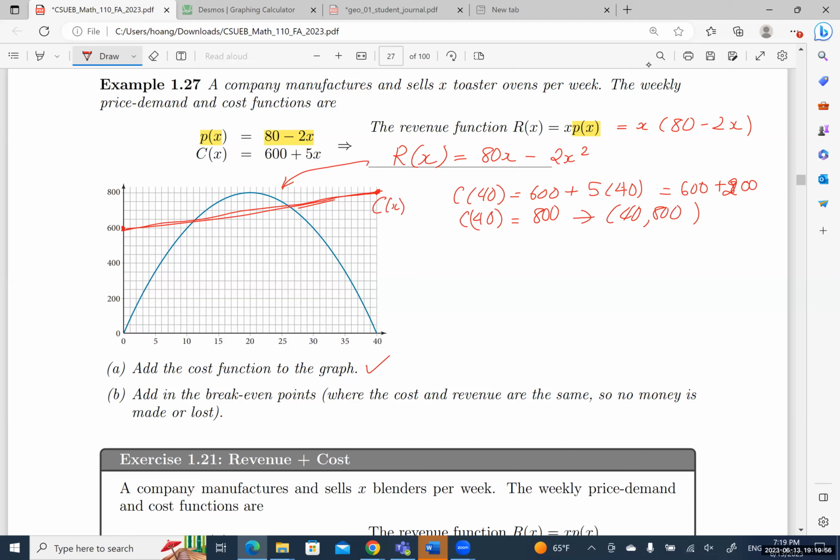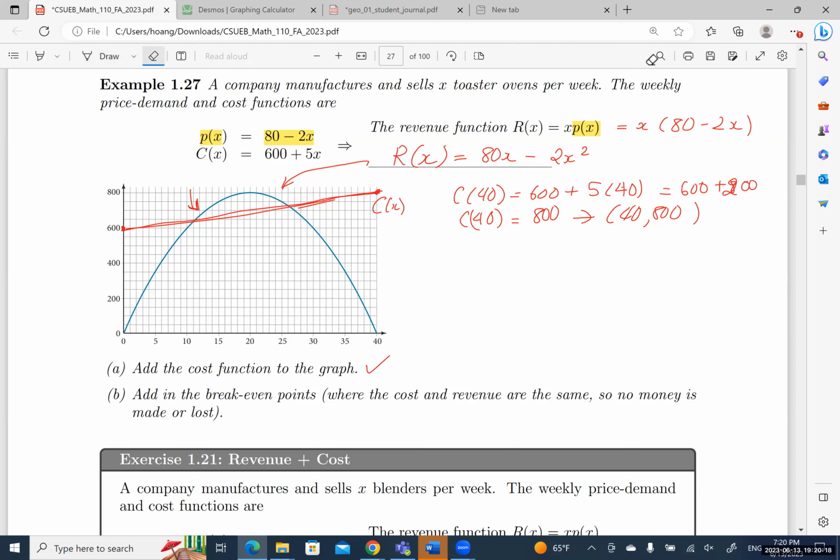And I want to add in the break-even point. The break-even point is the point where the cost and the revenue equal each other.